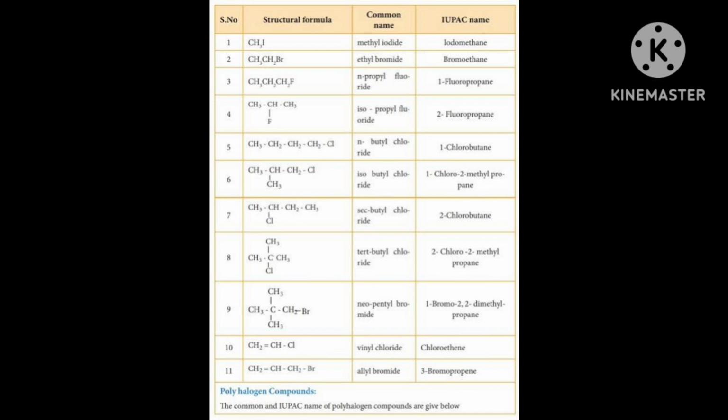And the IUPAC name: carbon number 1 has Cl, carbon number 2 has methyl, both are continuous.